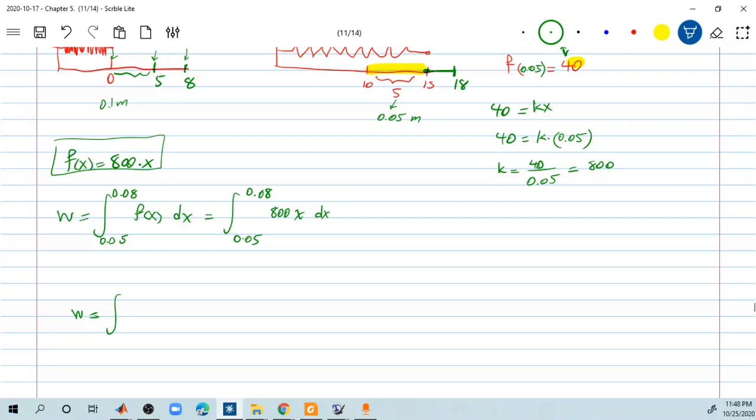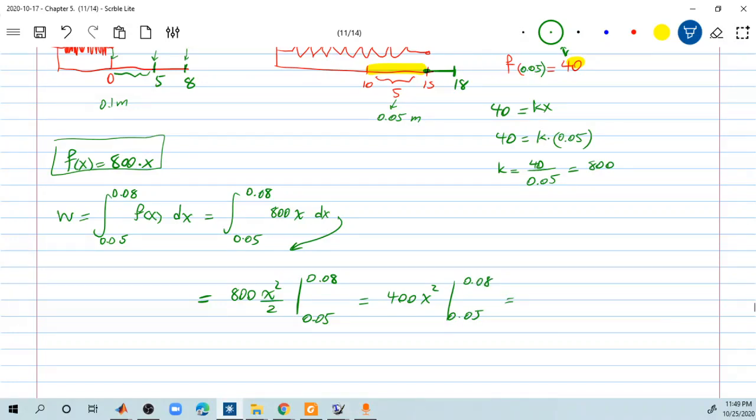Okay, so we already have the integral. You can find the antiderivative right here. This equals the antiderivative of 800x, which is 800x squared over 2, evaluated from 0.05 to 0.08, which simplifies to 400x squared from 0.05 to 0.08.